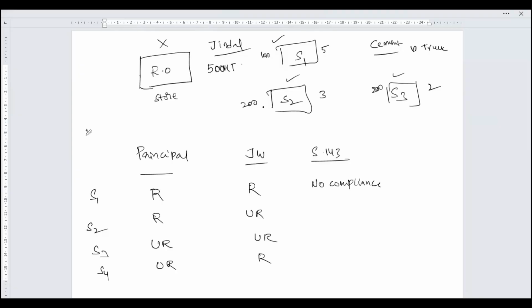Second scenario, since job worker is unregistered, principal has to add additional place of business of the job worker. I repeat, the law is expecting that when your material is going to a job worker, because your job worker is not registered under GST law, you add this place of job worker as your additional place of business. This is what the law is expecting principal to do.